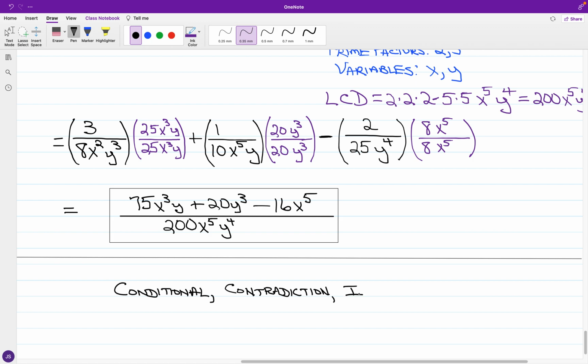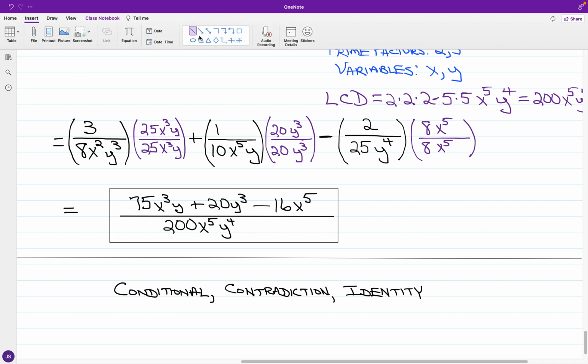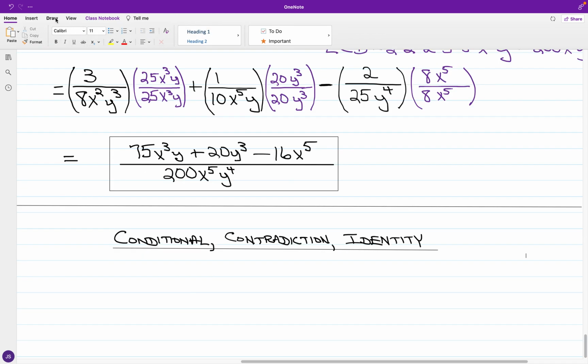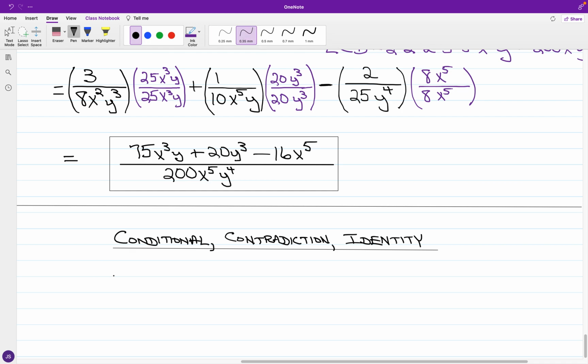And the remaining category is an identity. And now for what defines the categories.